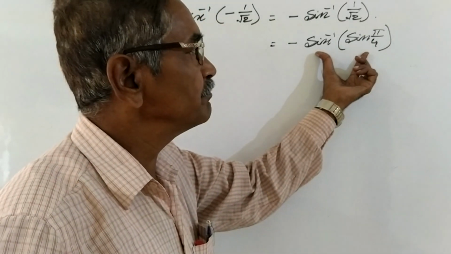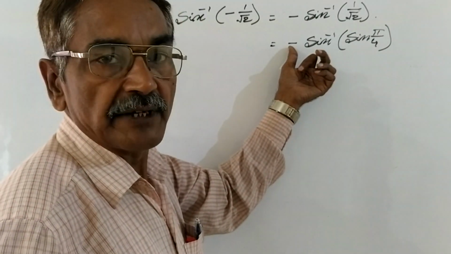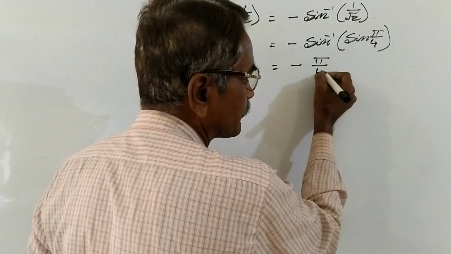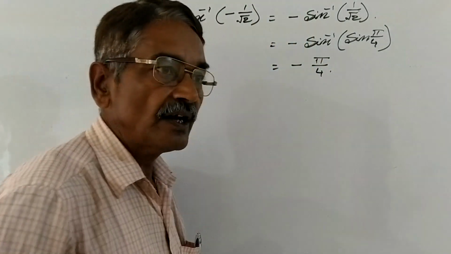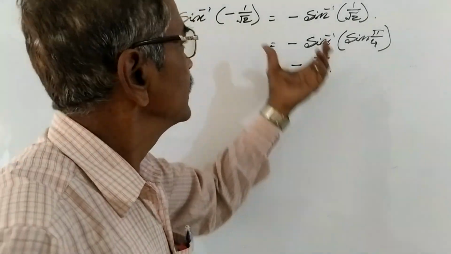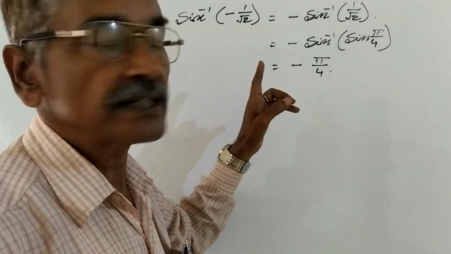So this will become pi by 4 and the minus will remain, so minus pi by 4. A 1 mark question like this you will see in your examination. One question will mandatorily be given for 1 mark.